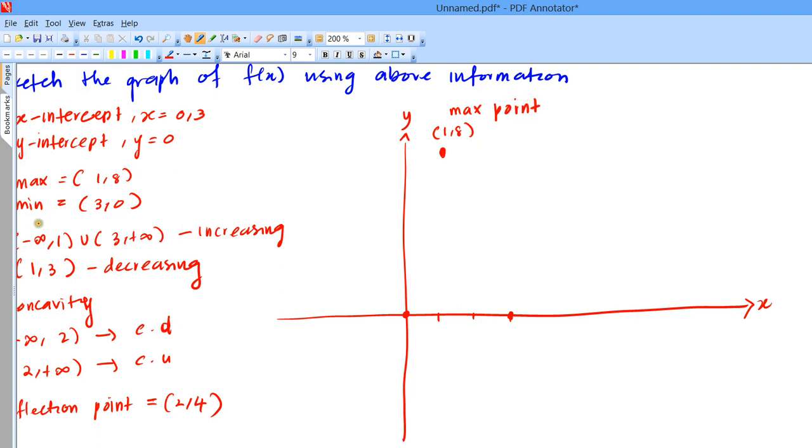And then we have the minimum point 3, 0; at this point, 3, 0 means the minimum point. And then we have the inflection point 2, 4. Where is 2, 4? Maybe at this point, 2, 4 means the inflection point.